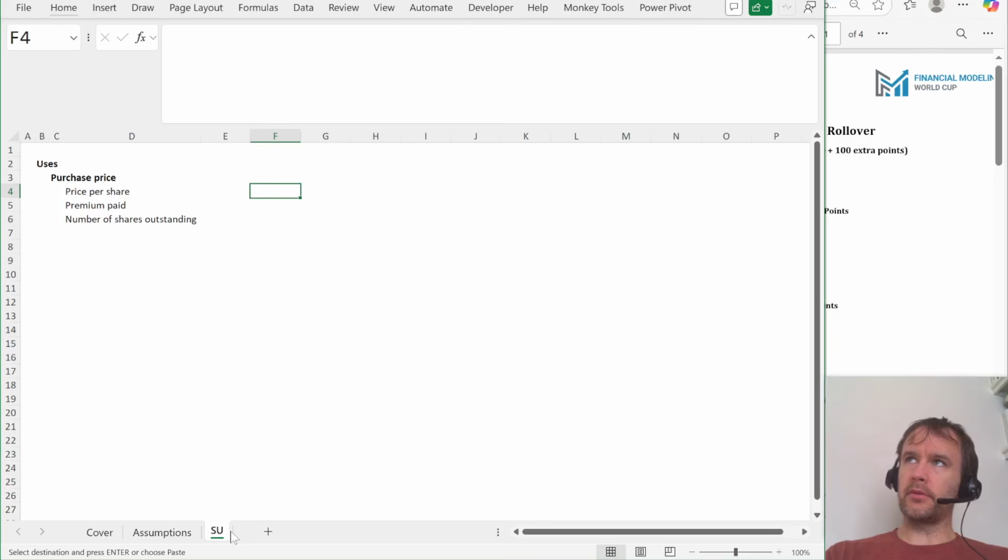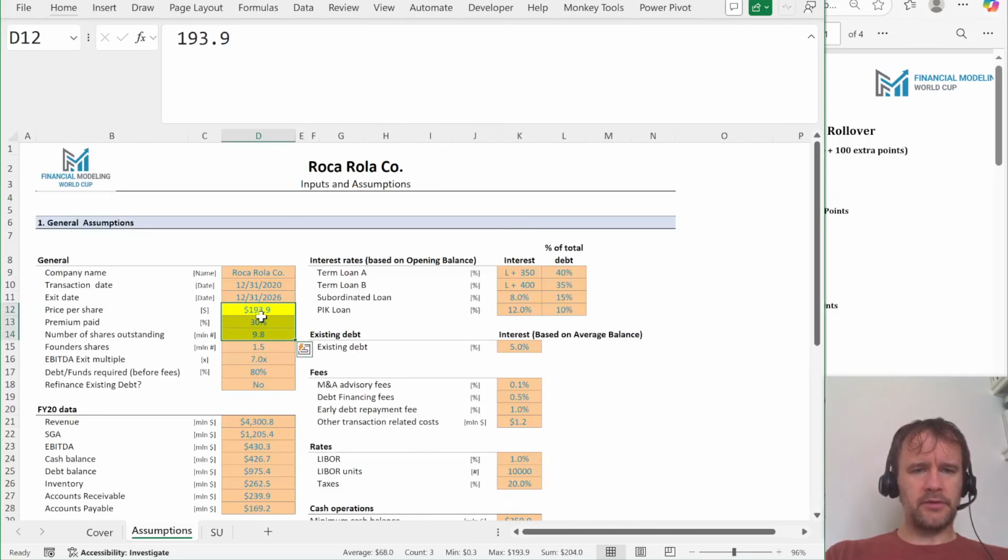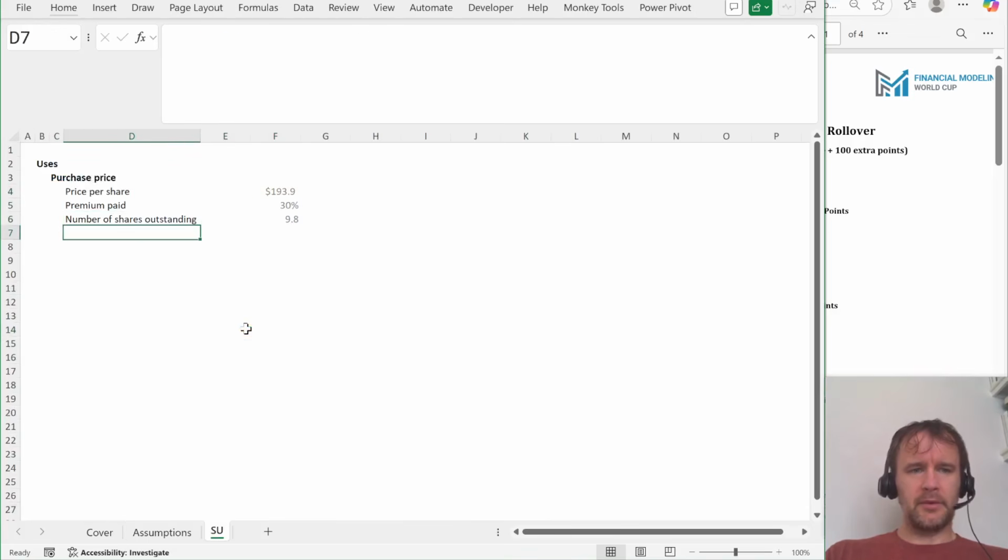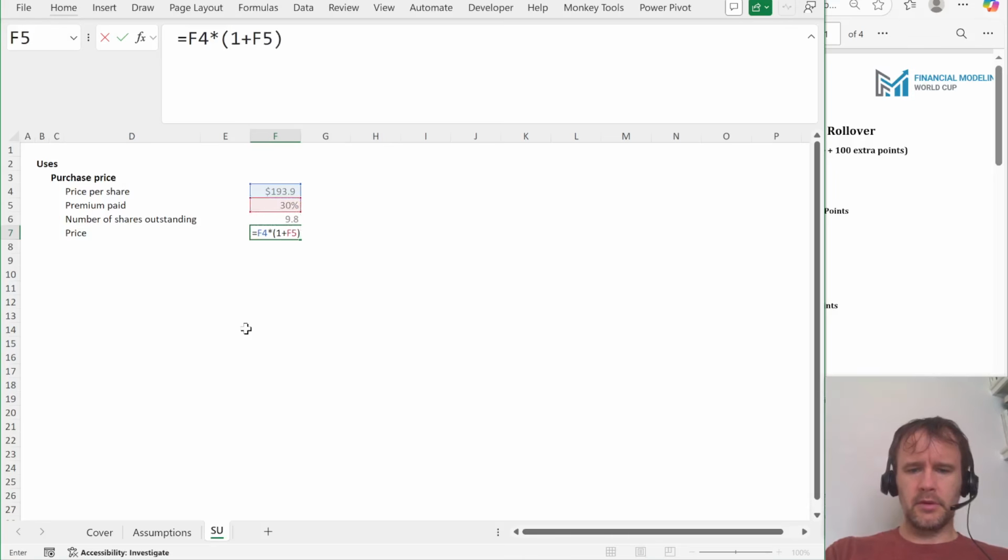And gosh, can I remember? I think I used Control-Shift-P as my shortcut, my handy dandy robot command that pastes a link but also marks which assumptions have been used. I love it. Anyway, so then the purchase price is price per share times 1 plus the premium times the number of shares outstanding.